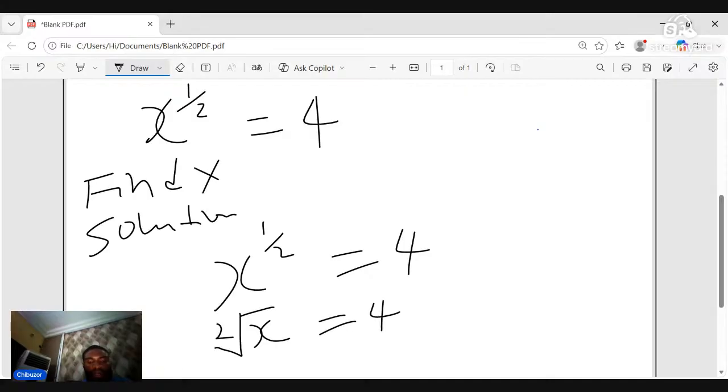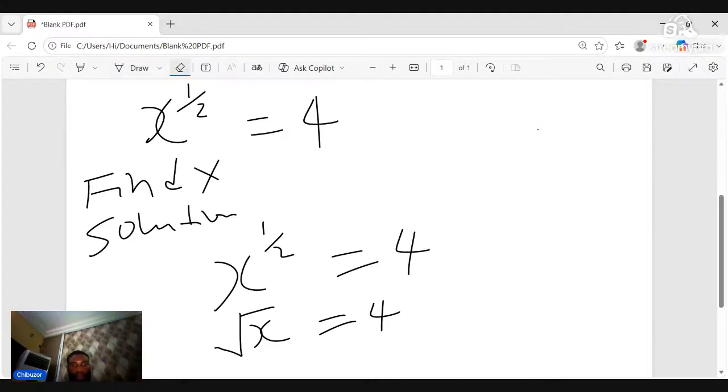But when we are writing square roots, we don't put 2. We remove 2. But if it's cube, like 3, we leave 3. If it's 4, we leave 4, or the rest. But when it's 2, we don't put 2 here. So here we have square root of x is equal to 4. What do?